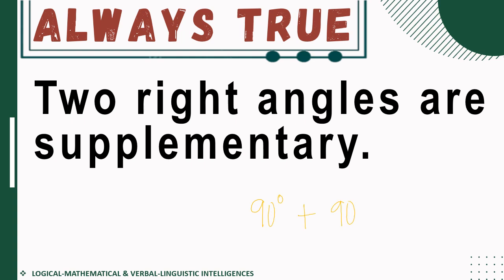So if we do have two 90 degrees, of course, we would always have a sum of 180 degrees. So by definition, it's supplementary angles. We all know supplementary angles are those pairs of angles having the sum of 180 degrees. So it's correct. That's always true.